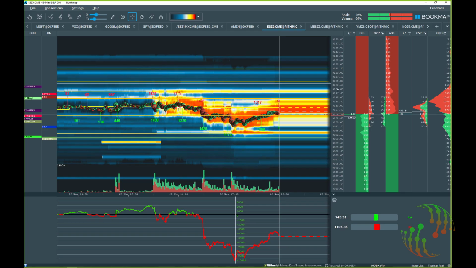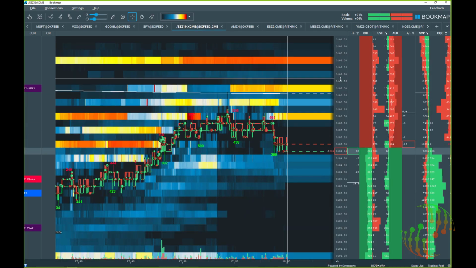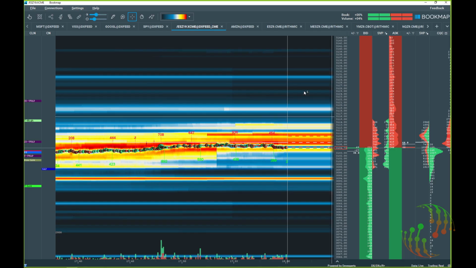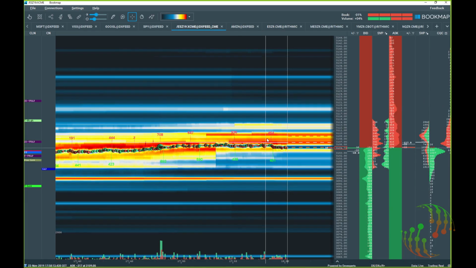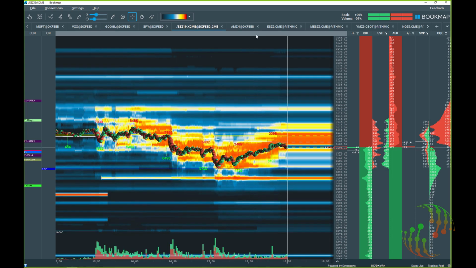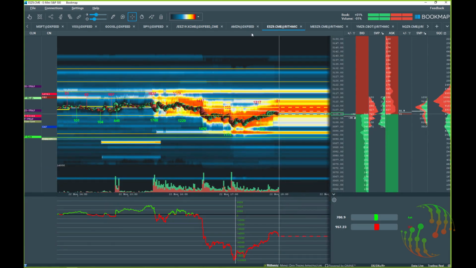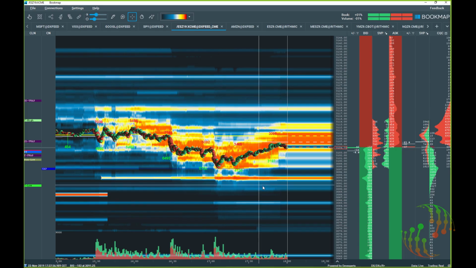Everything that is available between those levels is exposed here and shown in the book. And this helps us to understand really what is going on. There's a little bit of difference between the DX feed, where it's also everything you can get in the book, and Rithmic. You see there's a slight difference between those data providers. But at the end, we are talking about high quality data, and we get every level.